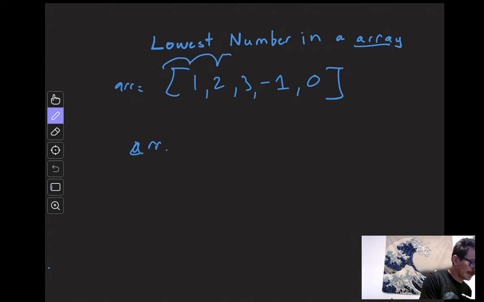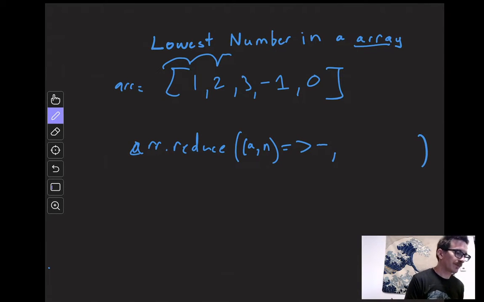If I call array.reduce, I'm going to give it this function that has the accumulator and then the number, then we can do stuff. But there's actually a second value to this reduce function, which is the initial value of my accumulator.